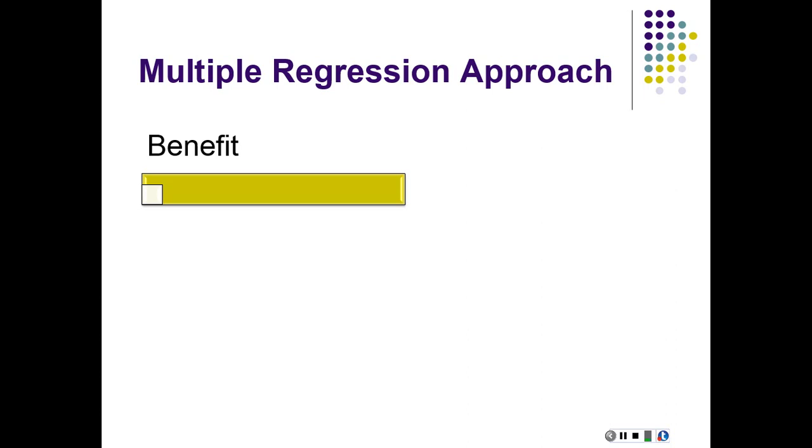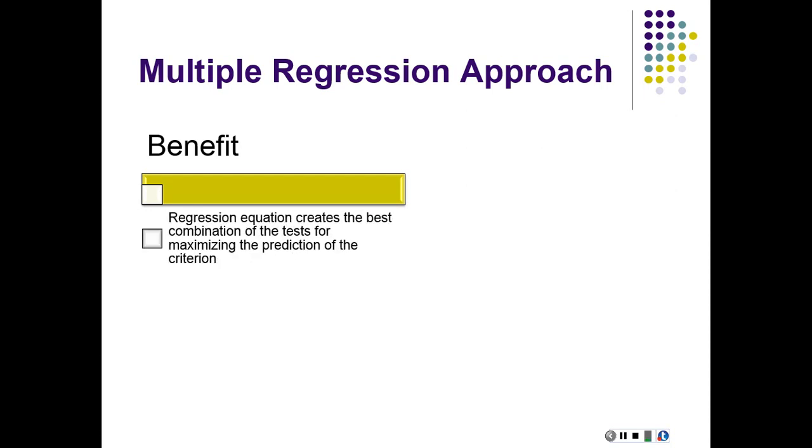The benefit of using this technique, because really it doesn't matter what the task is, is that we can figure out the best combination of tests for maximizing the prediction of the criterion of job performance. So using multiple regression allows us to streamline our predictor collection, right?